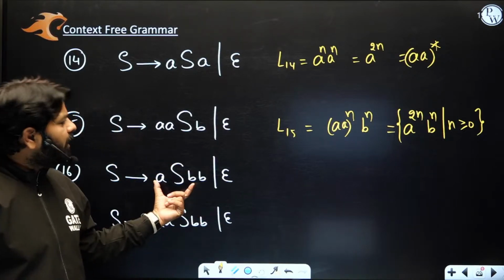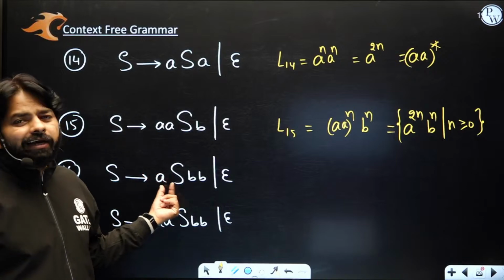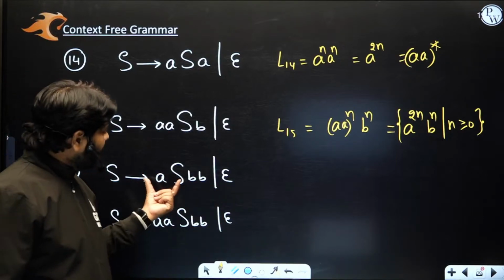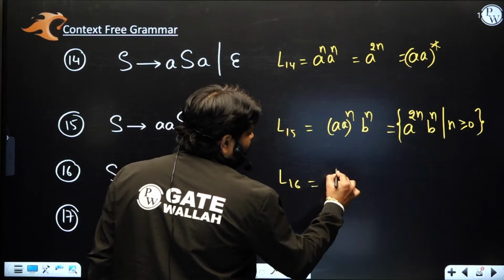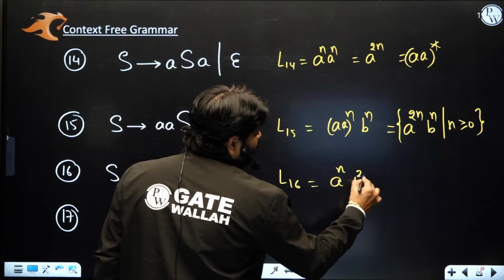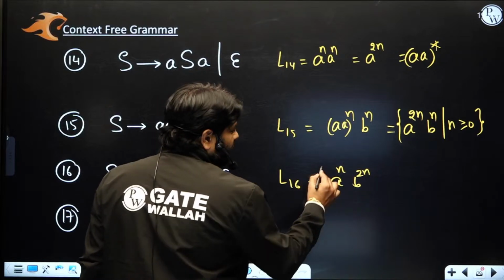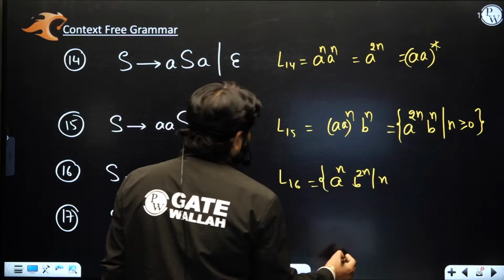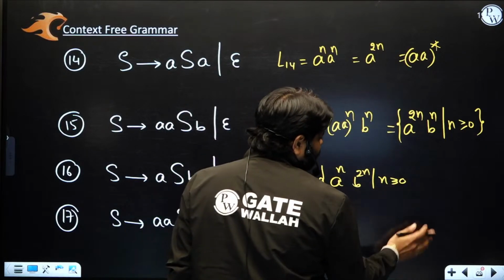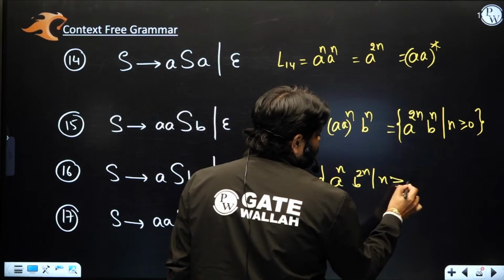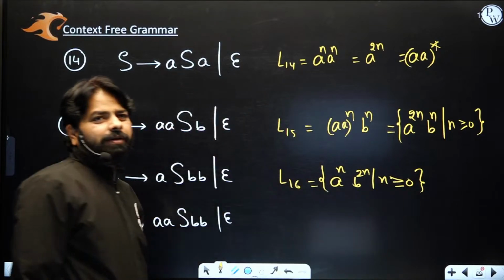Now here it is just the opposite: if there are 100 a's then 200 b's will be there. Now the connection is that the b's are going to be twice. If a comes n times, then b will come twice the number of a's.